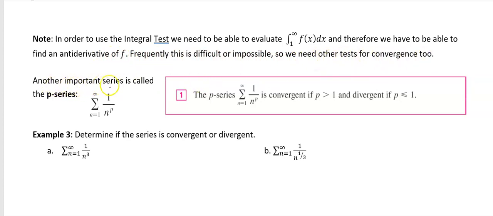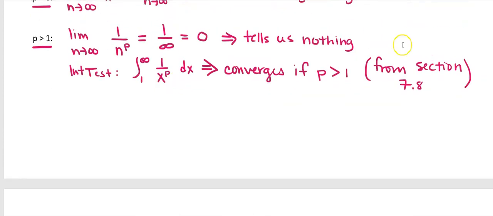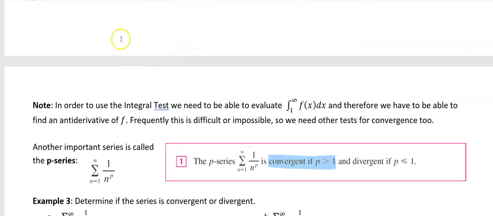And one of these important tests for series is called the p-series, and it is of the form, the sum from 1 to infinity of 1 over n to the p power. Now the p-series tells us that it is convergent if p is greater than 1, which is kind of what we just saw here, right?